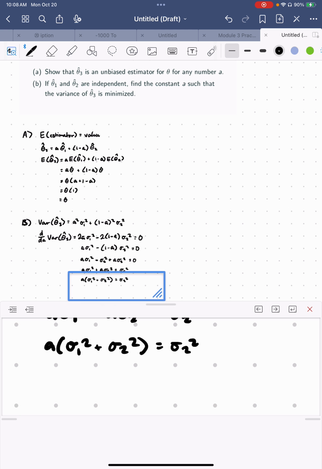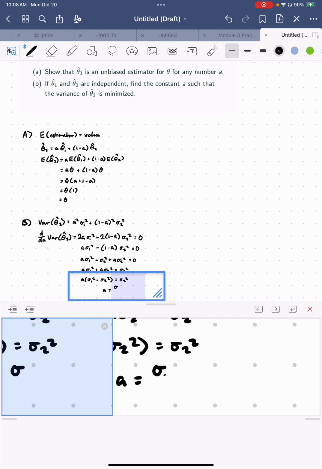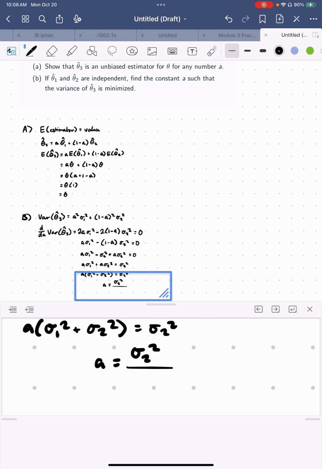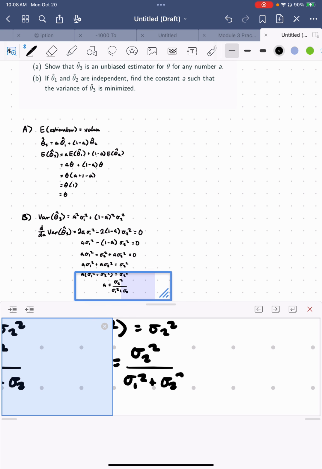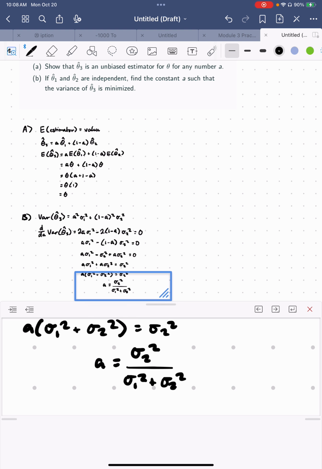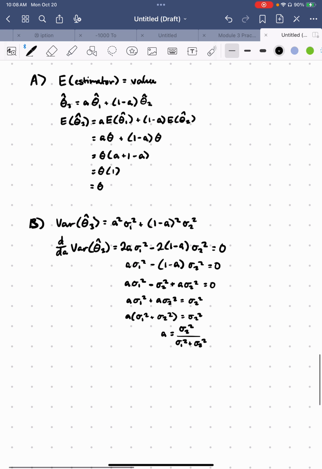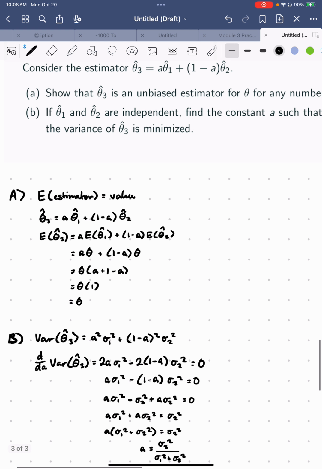So that would give us A equals sigma 2 squared divided by sigma 1 squared plus sigma 2 squared. And that is our final answer. So that should be the value of A that minimizes our variance for theta hat 3.